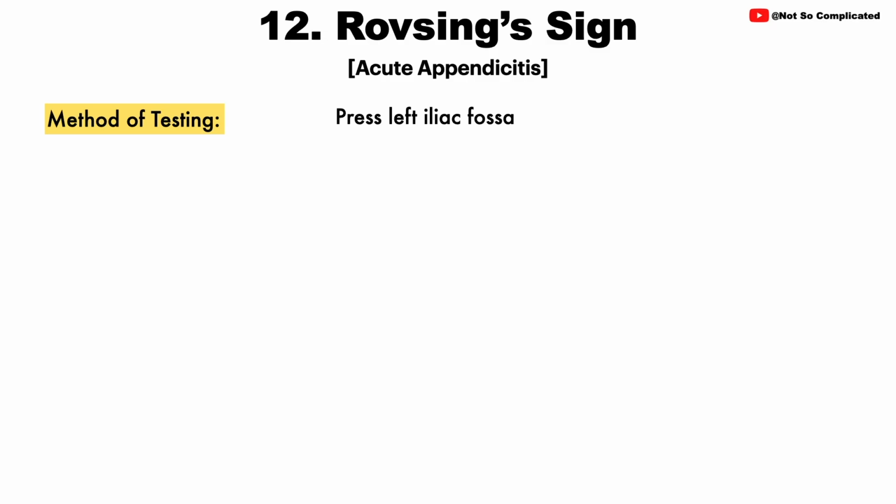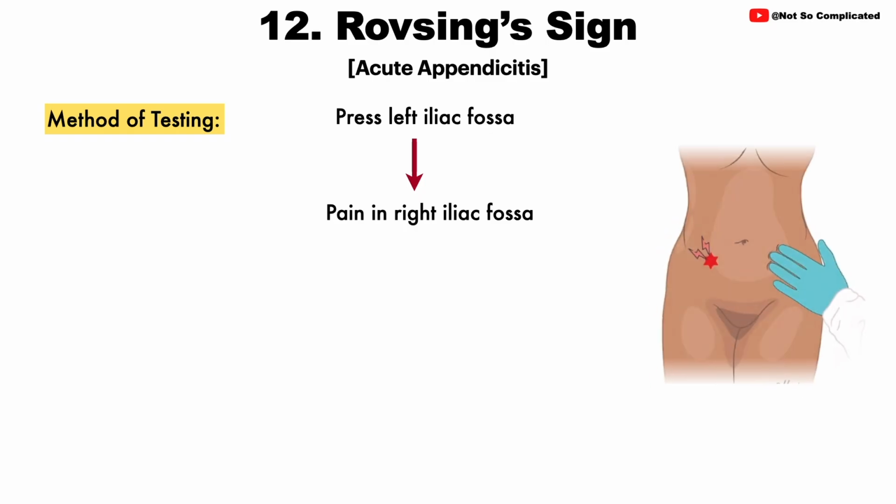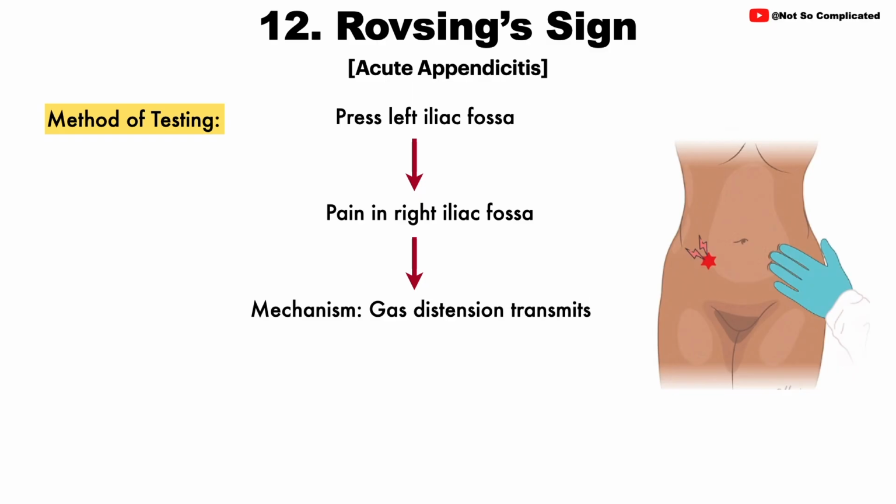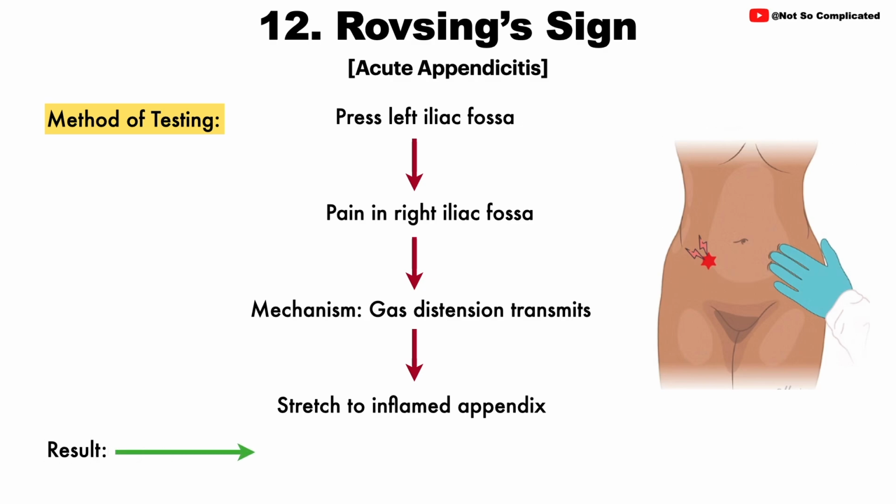So basically you press the left iliac fossa, and there will be pain in the right iliac fossa. Isn't it interesting? Just like this. And why that happens is that there will be gas distension that transmits straight to the inflamed appendix, and that is why Rovsing sign will be positive due to acute appendicitis.